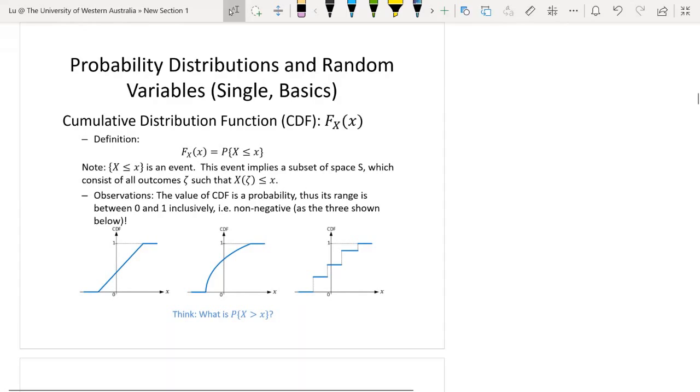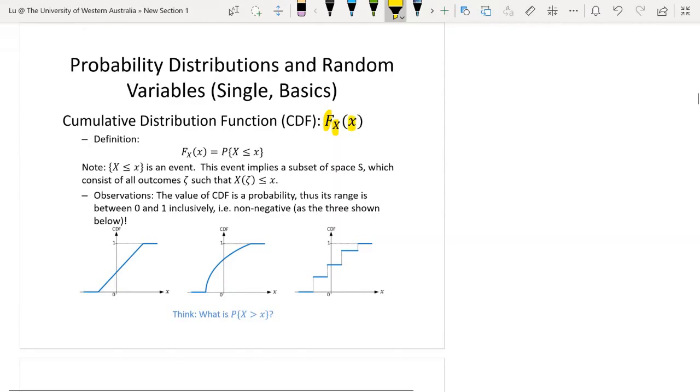Capital F followed by the name of a random variable. So in this slide, you can see we are writing the capital F here and followed by capital X as the subscript. This means we want to evaluate the cumulative distribution function for the random variable capital X.